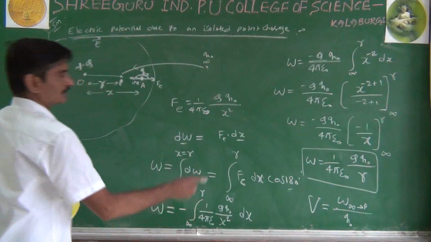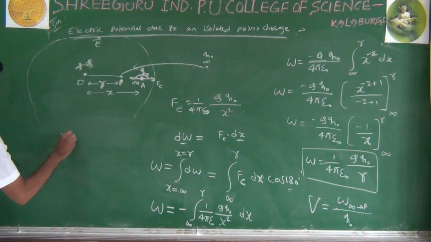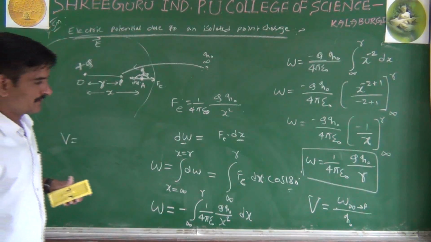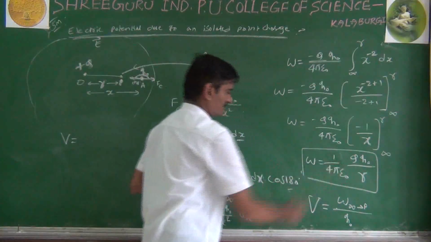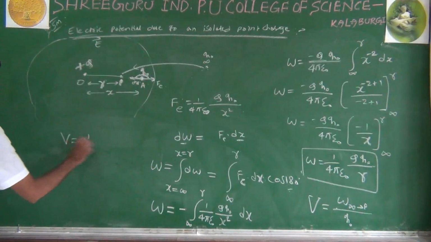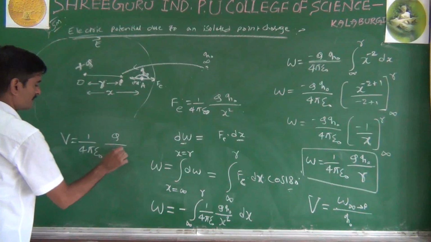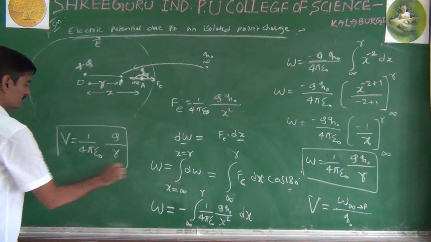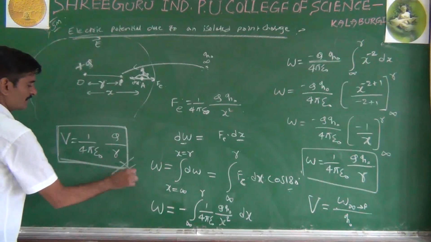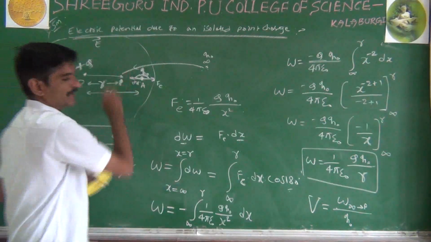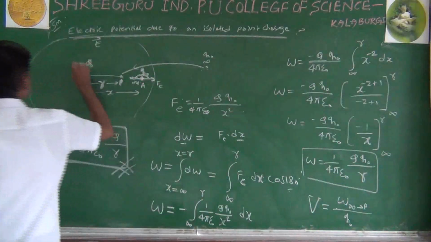So therefore V is equal to, that's the work done from infinity to the point P, 1 by 4 pi epsilon naught q divided by r. Okay, q naught cancels. So this is the electric potential at the point P due to the source charge plus q.